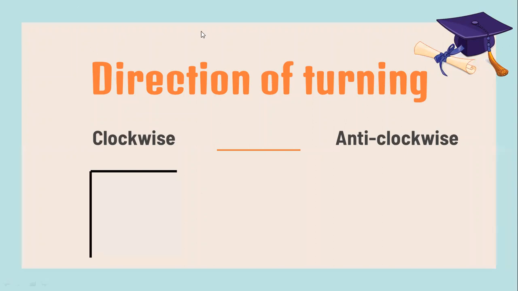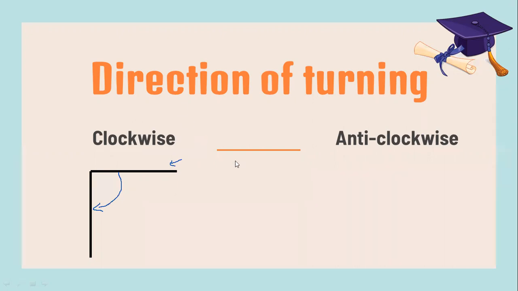We say it is clockwise when we turn from this line and become this line, but we turn clockwise. Searah jarum jam. This is what we say clockwise. Or we say a quarter turn clockwise.